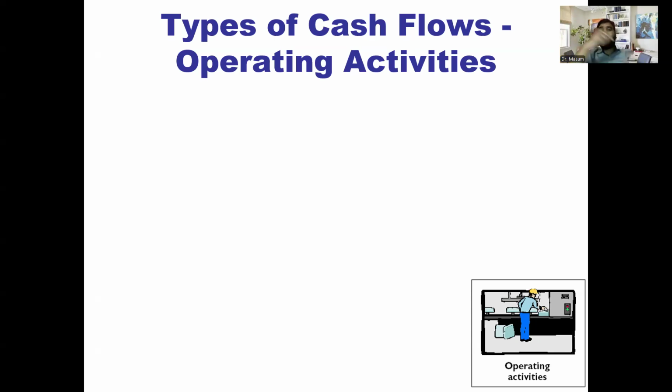For a sewing machine manufacturing company, its operating activities are buying metals, making sewing machines and selling sewing machines.